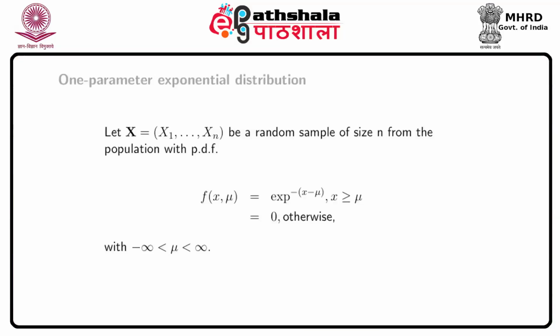We first consider the one parameter exponential distribution. Let x be a vector representing a sample of size n, denoted by x1, x2, ..., xn, in which x1, x2, ..., xn are IID according to the PDF f(x, mu) = exp(-(x - mu)), where x is greater than or equal to mu and 0 otherwise, with minus infinity less than mu less than infinity.